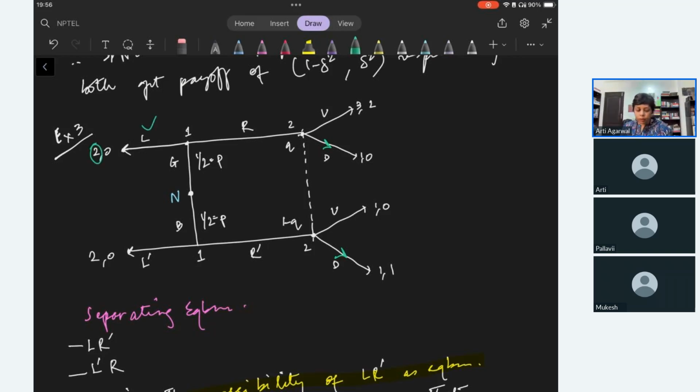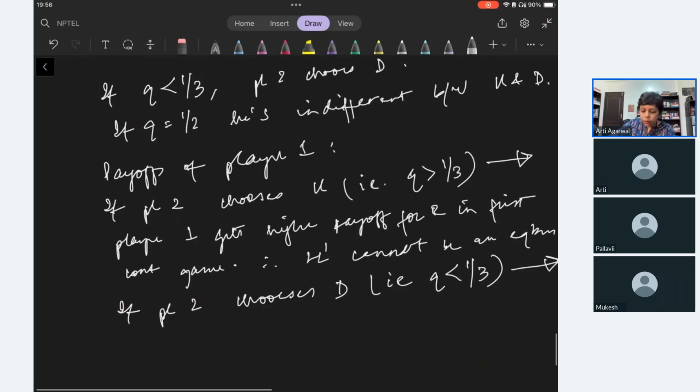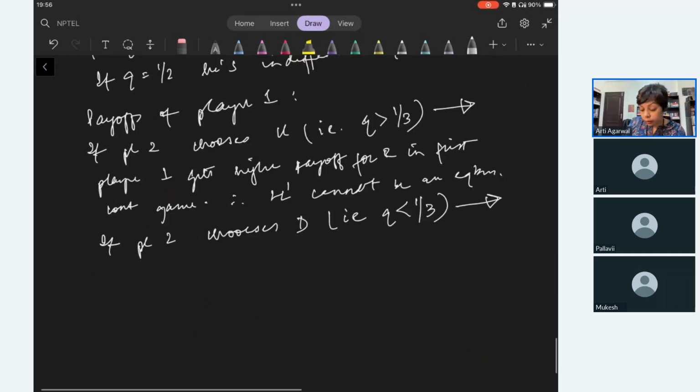And in the second continuation game, also if player 2 is choosing D, that is, if player 1 is playing R prime, he gets a payoff of 1, whereas for L prime, he gets a payoff of 2. So he's again choosing L prime. So if player 2 is choosing D, that is, if Q is less than 1 by 3, L and L prime can be an equilibrium because in both the continuation games, player 1 is choosing L and L prime.